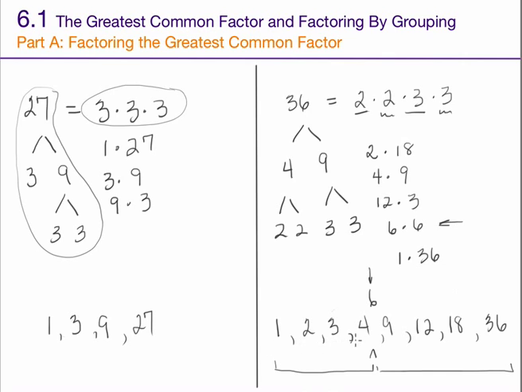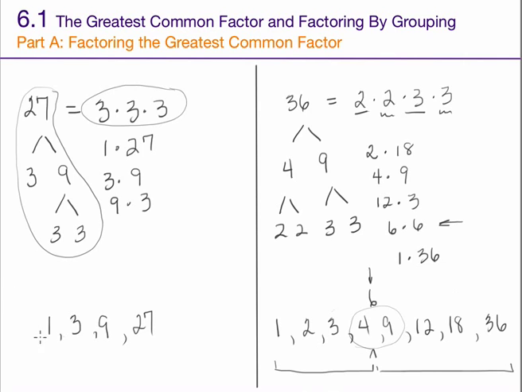So if 1, 2, 3, and 4 are factors, 36, 18, 12, and 9 automatically have to be factors. Once I figured out that the only number missing from the middle of the list was 6, and notice that 6 appears twice, 6 times 6 is what gives me 36. Once I'd figured that out, I didn't really need to check the back half of the list, because each of the numbers in this half has to have a partner in this half.